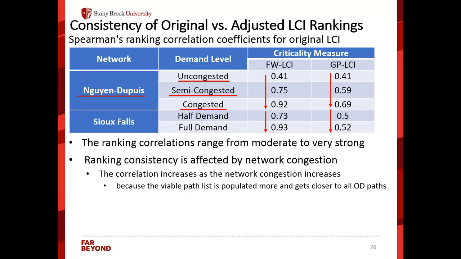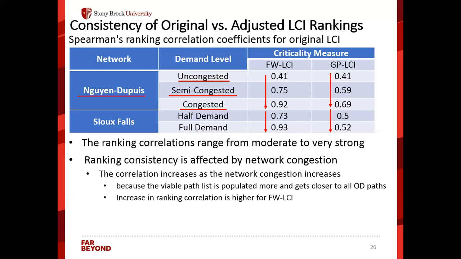So in theory, as you increase the demand more and more in the network, you're getting to the same path list as the enumerated paths, because all paths between all ODs become shortest paths at some point. So that's why it's expected from how LCI is formulated.